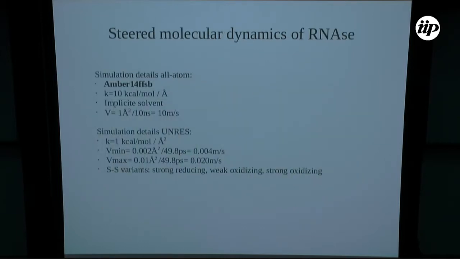And we performed all-atom simulation with Amber 14, where we had force constants of 14 kcal per mole with implicit solvent. There might be a question why implicit solvent. When you do steered molecular dynamics with explicit solvent, it would result in a box of 500 angstrom.